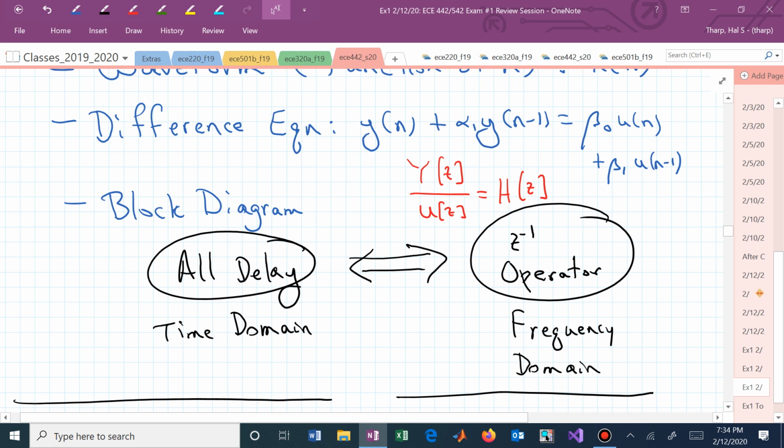What I would also want you to do is capitalize your signals. If you put an argument, it's now capital U of Z, or capital R of Z, and capital Y of Z. I don't want you mixing time domain and frequency domain.